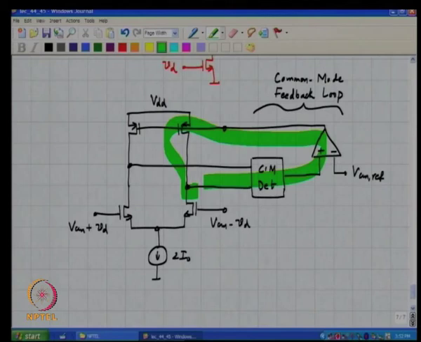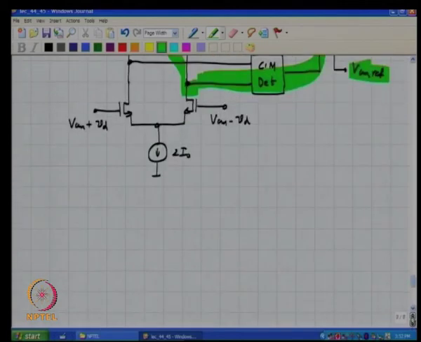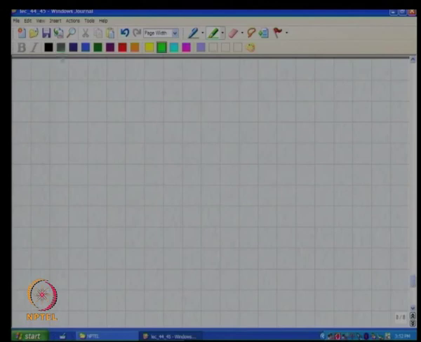Now, there are any number of ways of implementing the common mode detector and the so called amplifier. So, you will have any number of ways of implementing a common mode feedback loop, right, but this is the basic idea. In several implementations, this VCM ref may not be an explicit one. A good case in point is the following.